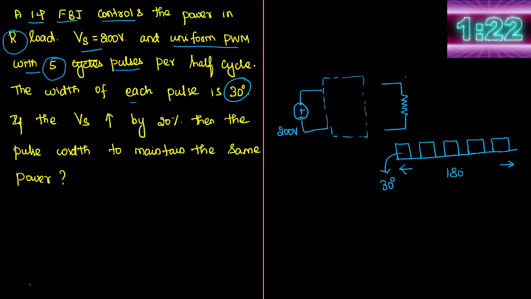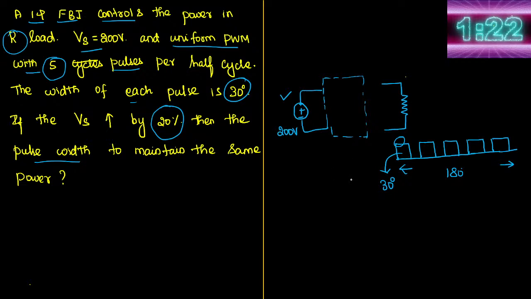Next, if the supply voltage is increased by 20%, already we have 200 volts, now they are further increasing it by 20%. Then we have to identify the new pulse width of the individual pulse to maintain the same power.